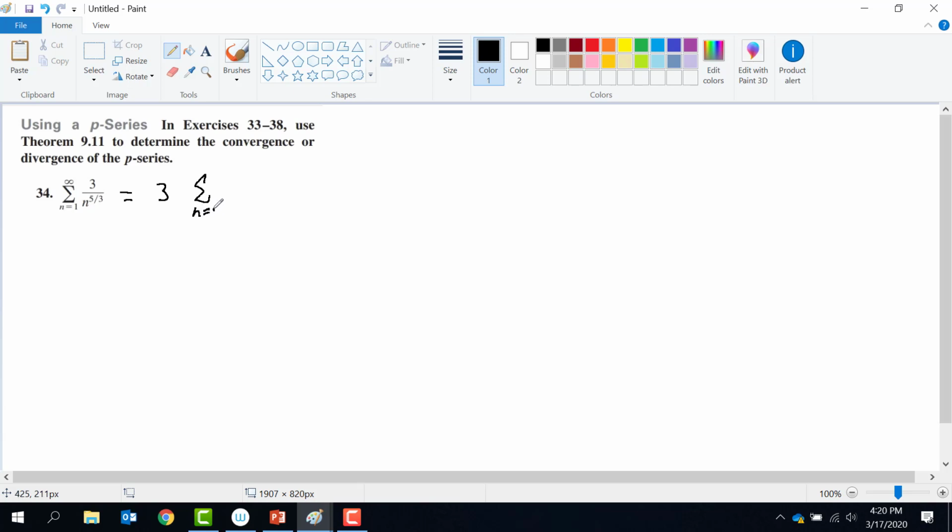So this is 3 times the series from n equals 1 to infinity of 1 over n to the 5/3. By writing it like this, now you do see that it's a p-series. You see that p is equal to 5/3. And then because it's greater than 1, therefore it converges.